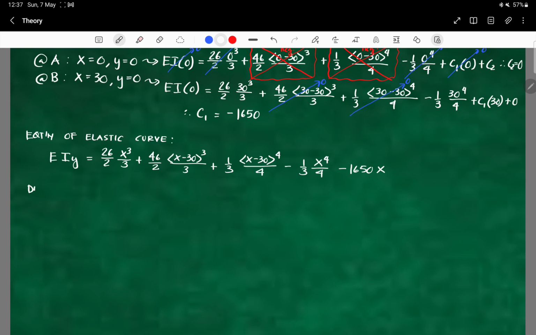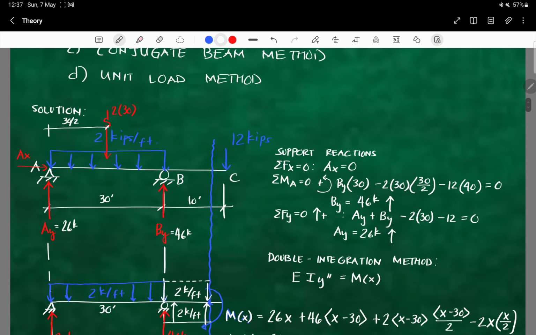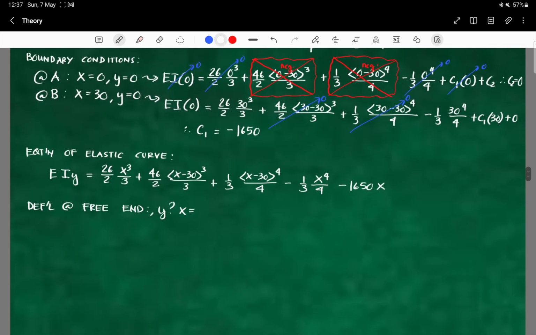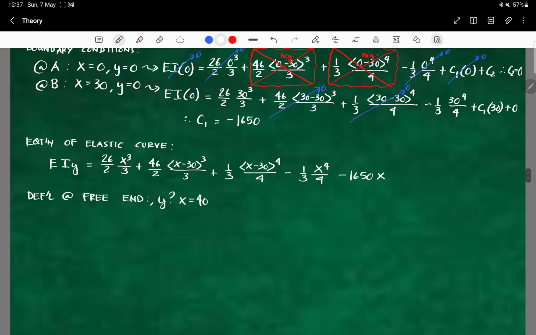Now the question is, what is the deflection at the free end? Meaning, what is the deflection when x is, since our free end is from 0 to 40, 40 feet. So we just substitute that here.